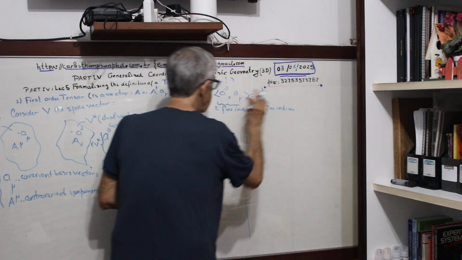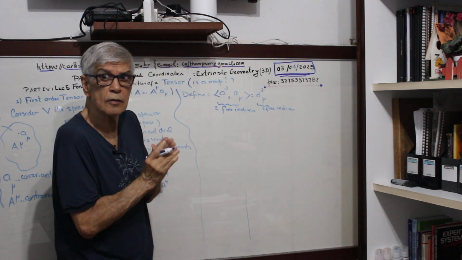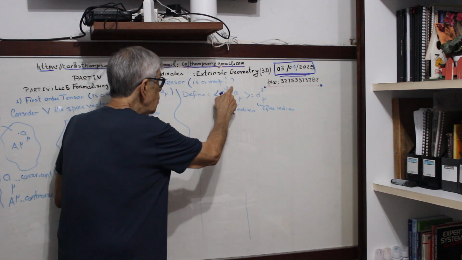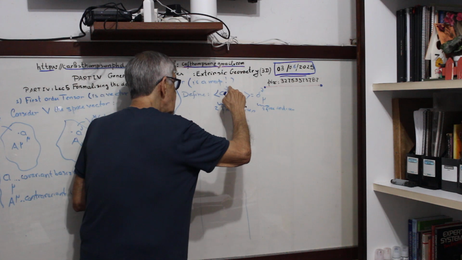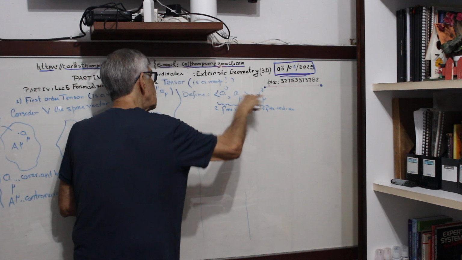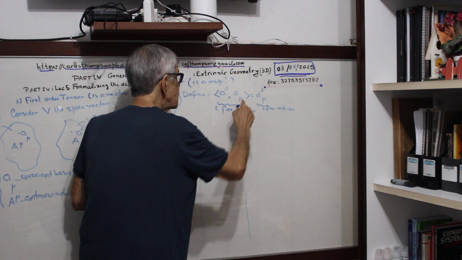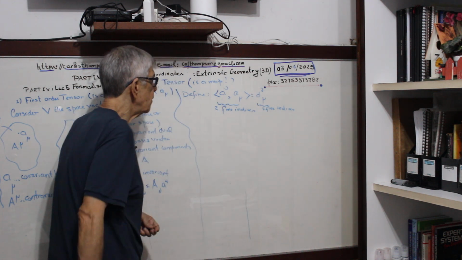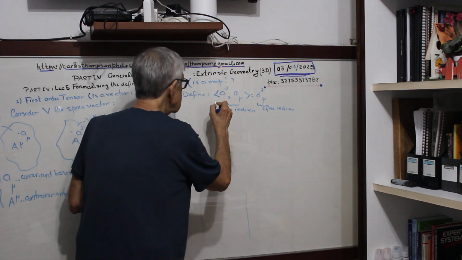Now, another point which is very, very important for you to pay attention to. Nu, in this case, is an upper index. Look on the right-hand side. This is nu over here. Nu is a lower index. Look at the right-hand side. It's mu there. That's very important. Also, another important point is this.